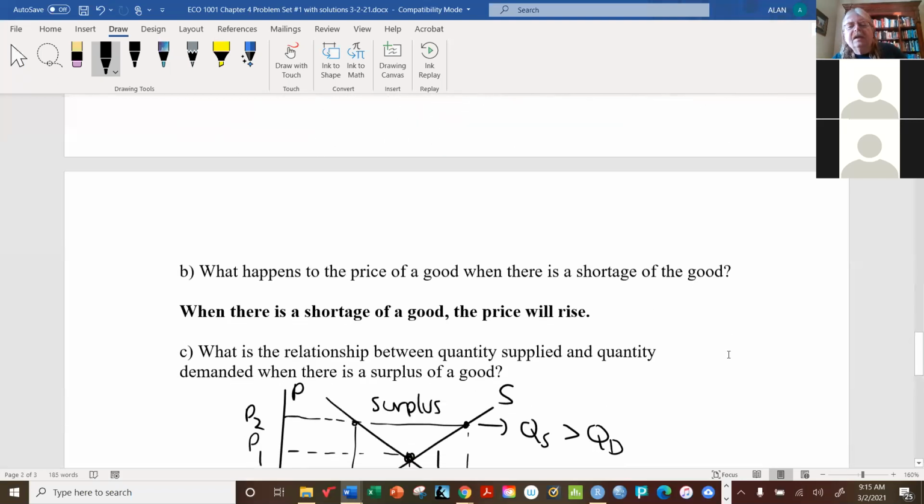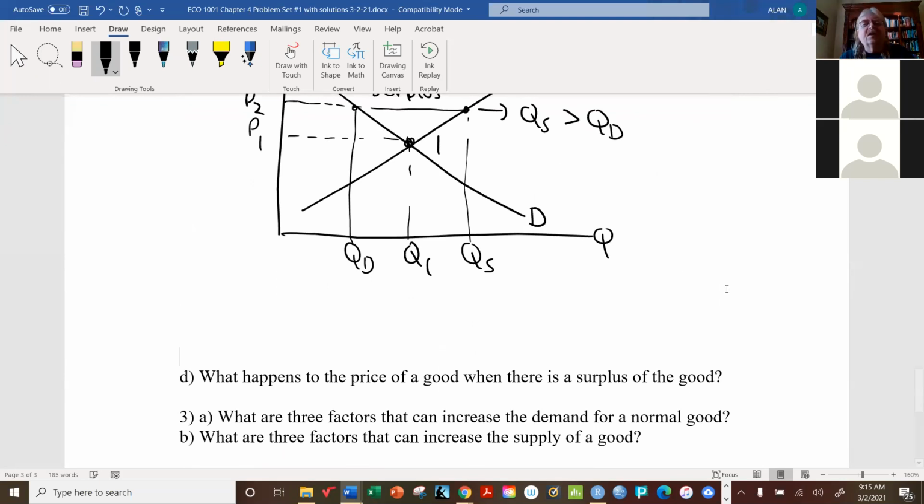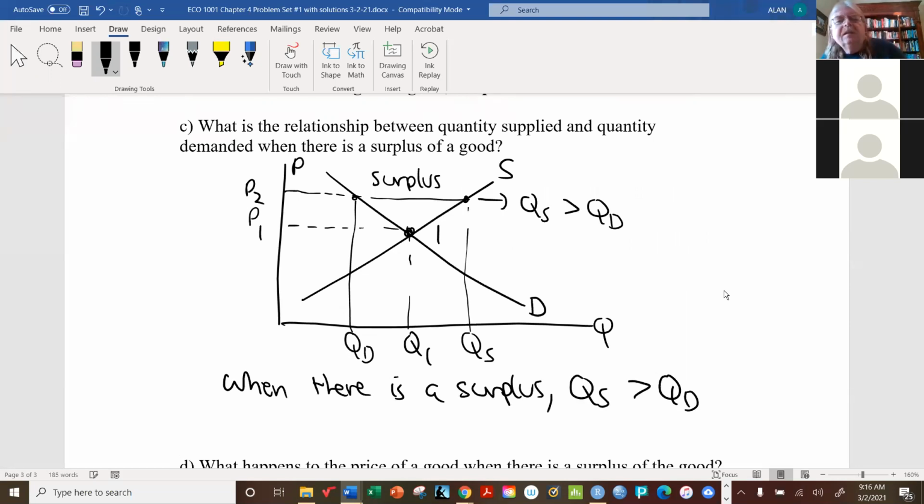Okay, so now what? When there's a surplus, as you can plainly see, the quantity supplied exceeds the quantity demanded. And that's all that you really needed to say for this question.